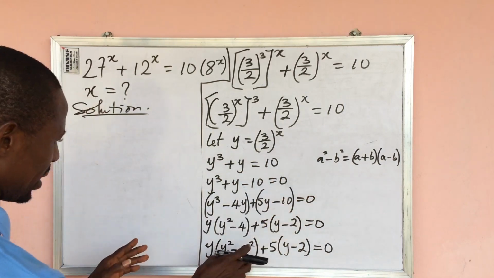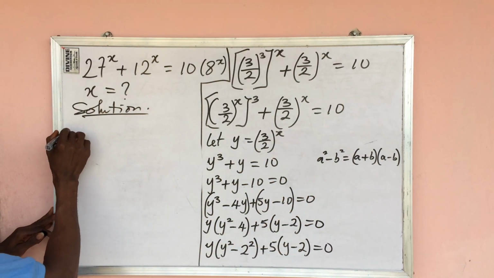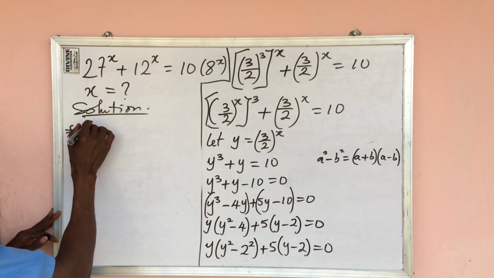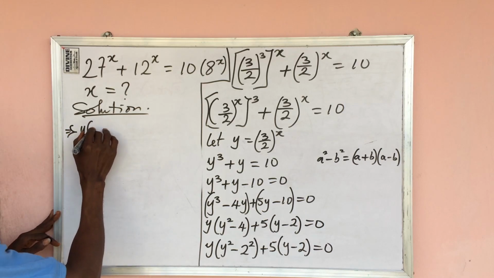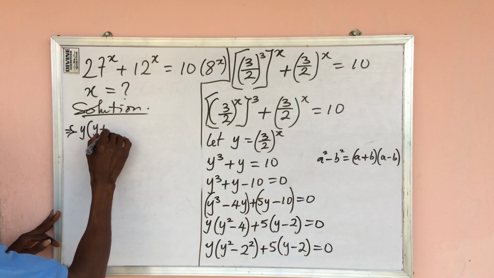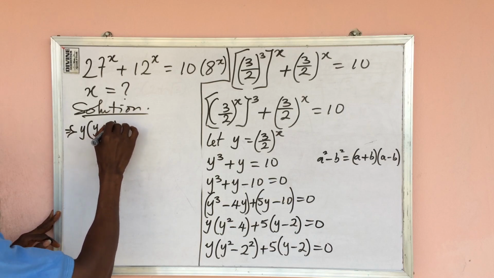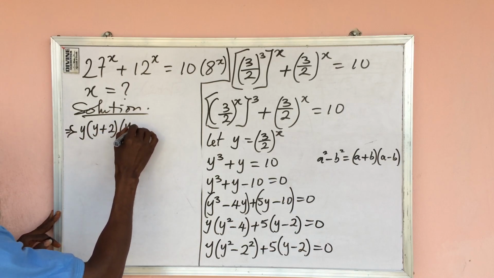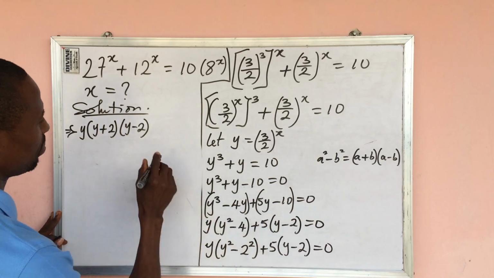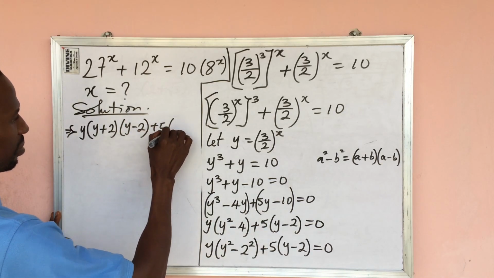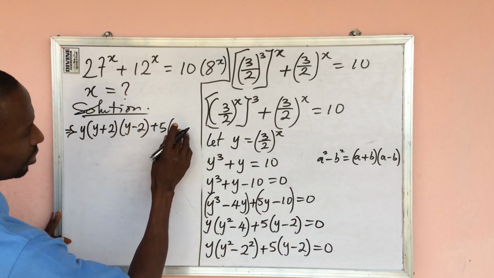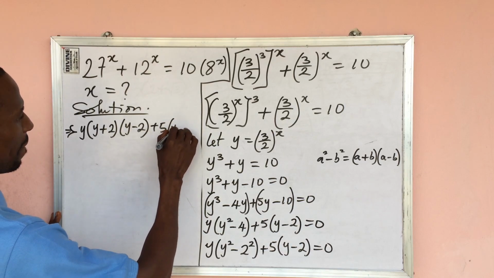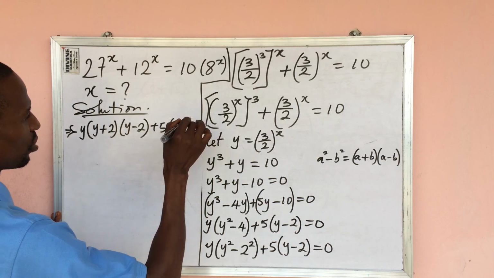So this implies y bracket y plus 2 bracket y minus 2, then plus 5 bracket y minus 2, equal to 0.